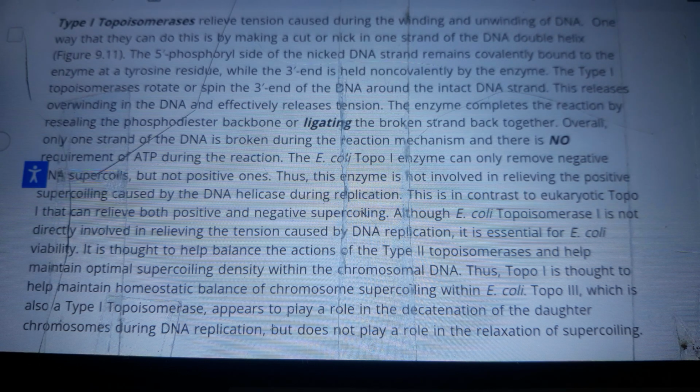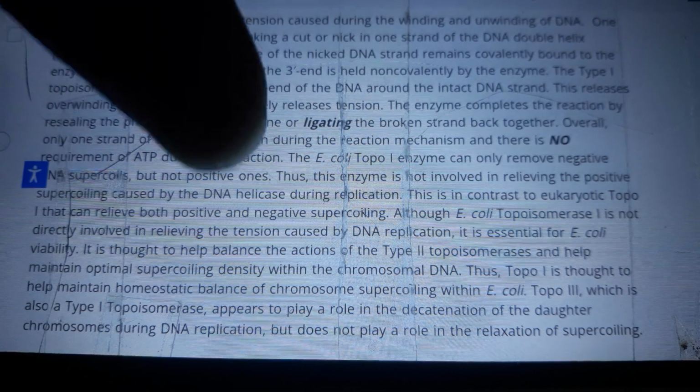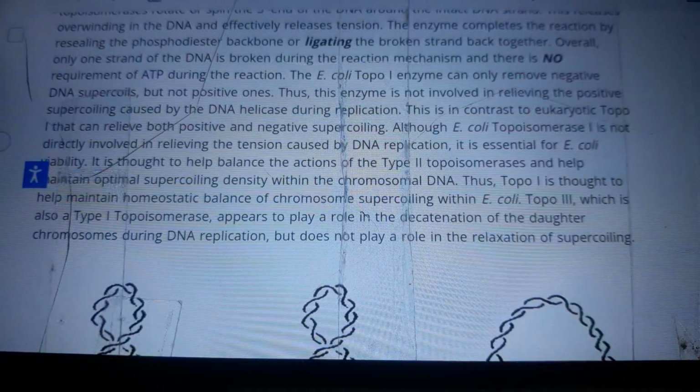The type 1 topoisomerases rotate or spin the 3' end of the DNA around the intact DNA strand. This releases overwinding in the DNA and effectively releases tension. The enzyme completes the reaction by resealing the phosphodiester backbone, or ligating the broken strand back together.